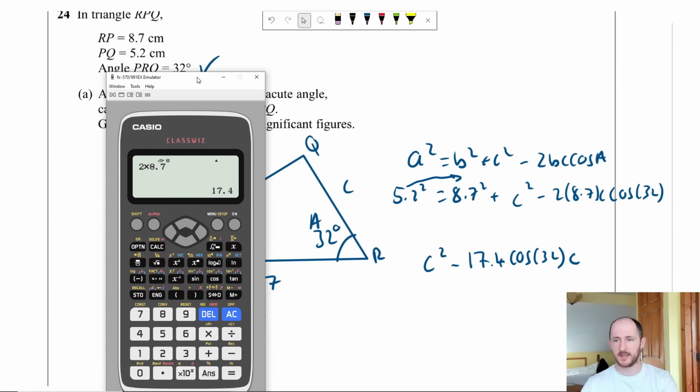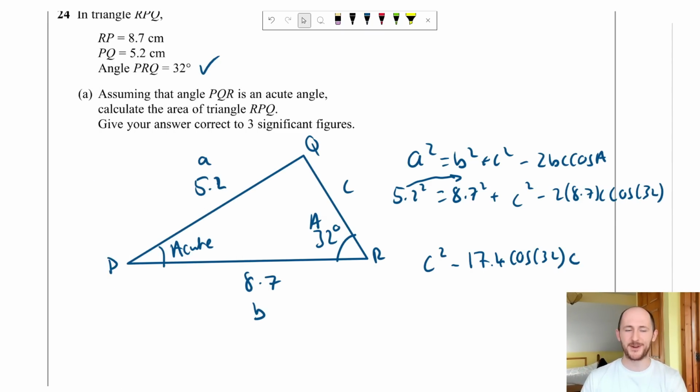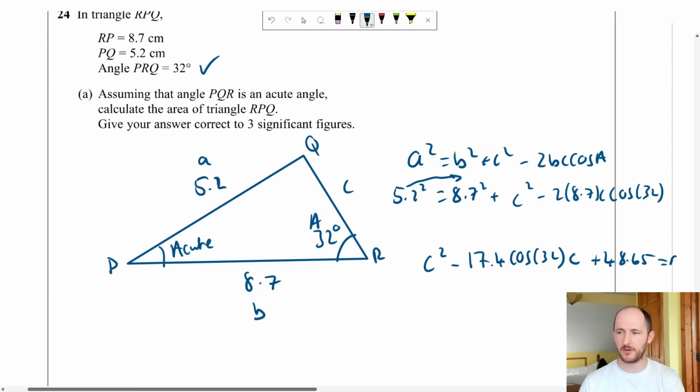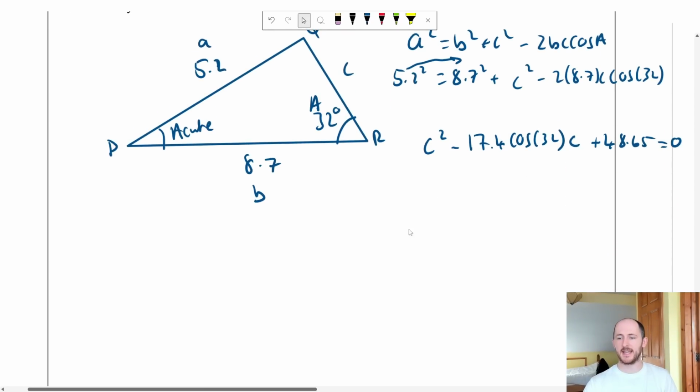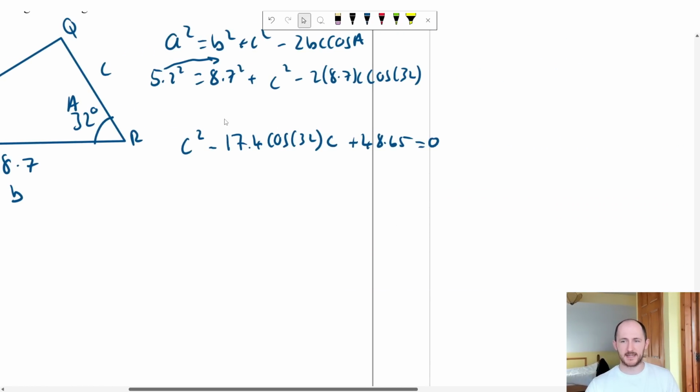So let's have a look-see at that. 8.7 squared minus 5.2 squared gives me 48.65. Wonderful. Plus 48.65 equals 0. Now as you can see, this right here is a quadratic equation, which means I can use the quadratic formula to work out what that side is.